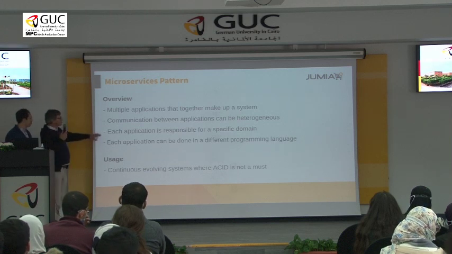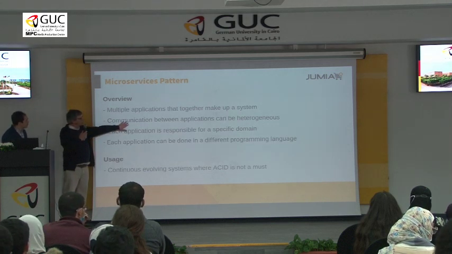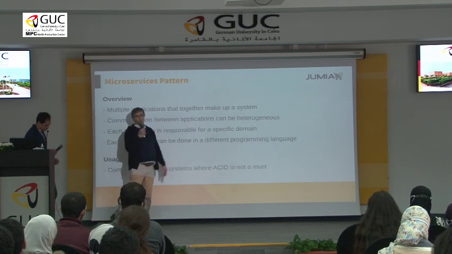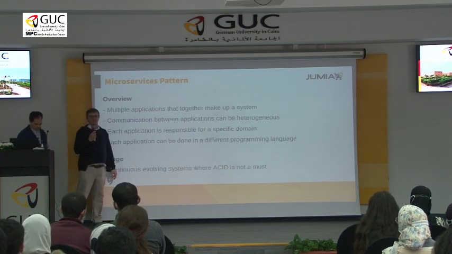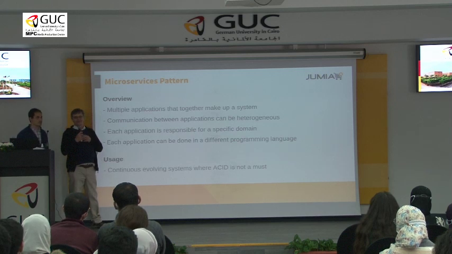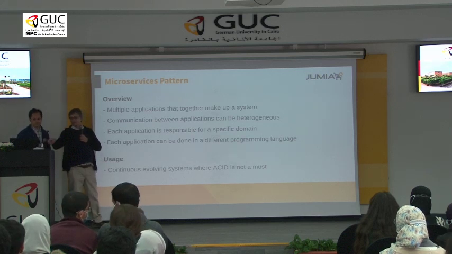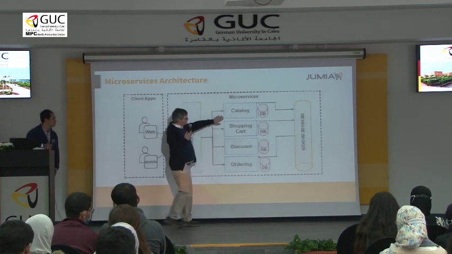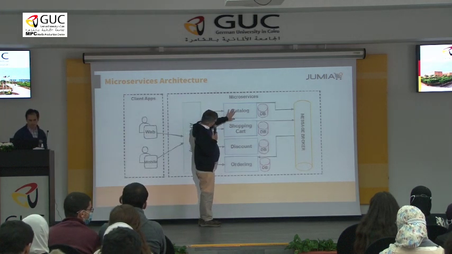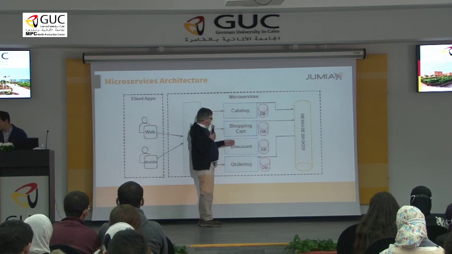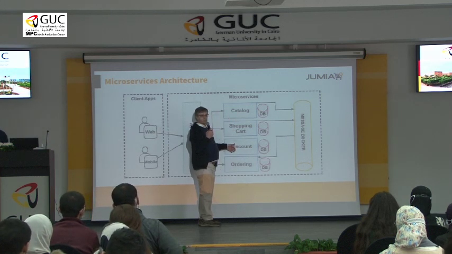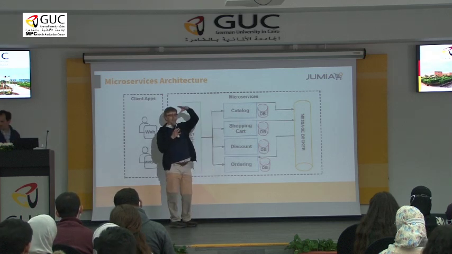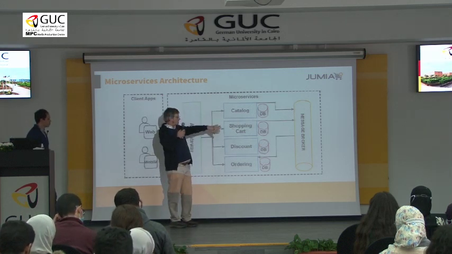So did you understand what this means? The communication between applications can be heterogeneous. Okay, so we have all these applications, and they need to speak with each other, because when you have the monolith, you have classes you can extend, and everything is there. Here it's not the same.